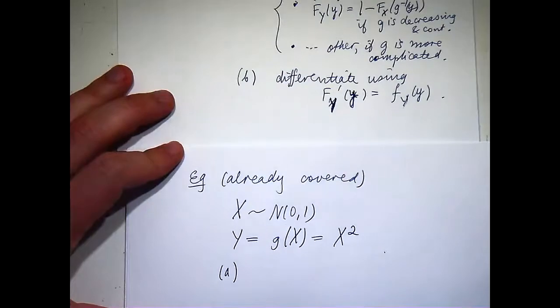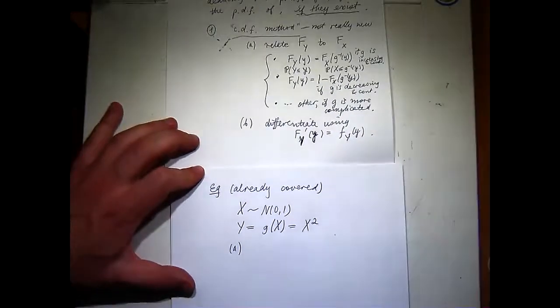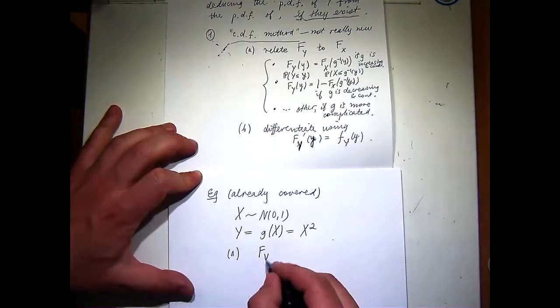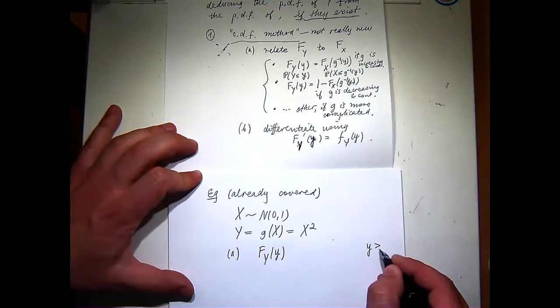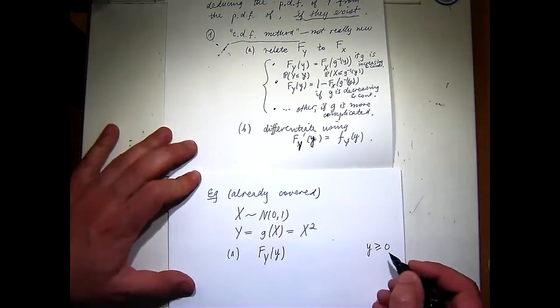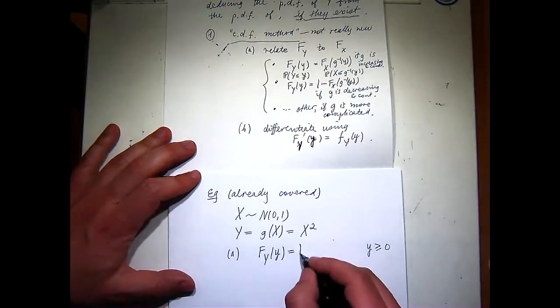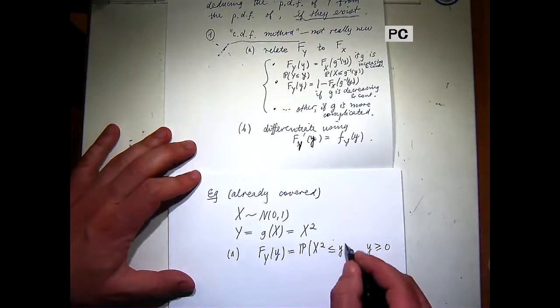Part A is to relate F_Y to F_X, and I'm going to do that by F_Y of y. Now, I'm only really concerned with this for y greater than or equal to 0. I couldn't care less about the chance of Y being less than or equal to a negative number because I know it's 0.